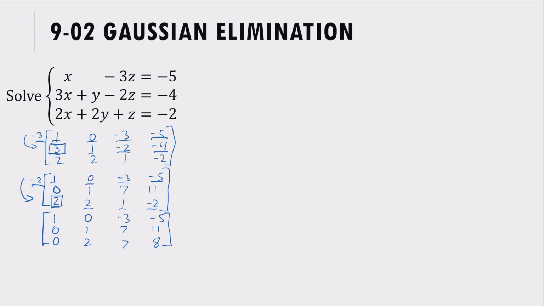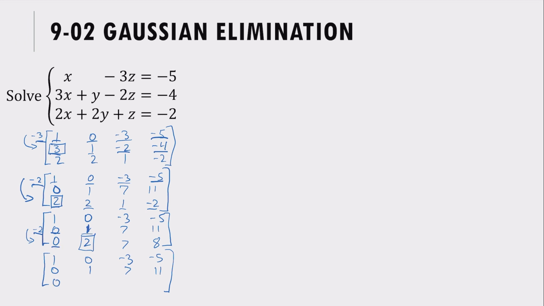Looking at the second column, the second row starts with a 1. So let's get a 0 below that leading 1. So I could do negative 2 times the second row added to the third row. First row stays the same. Second row stays the same. I'm changing the third row, which becomes negative 2 times 0 plus 0.